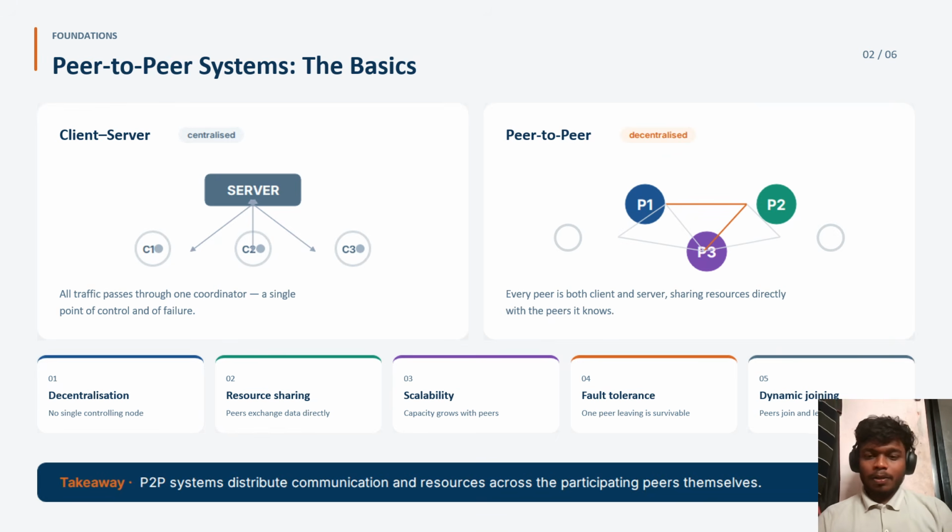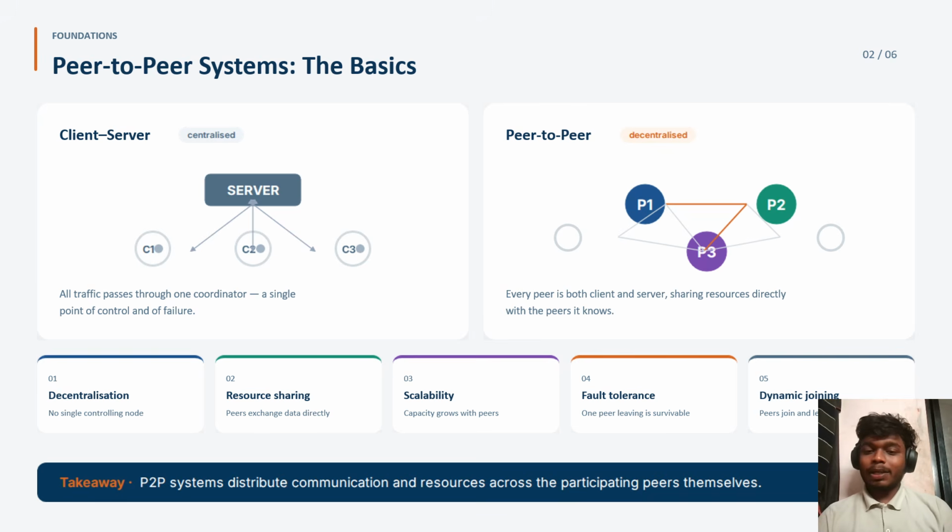First, peer-to-peer systems, the basics. Before we get to the clocks, let's briefly define our environment. Unlike the traditional client-server model, where all the traffic routes through one central coordinator, a peer-to-peer (P2P) system is fully decentralized. Every peer on the network acts as both client and server, sharing resources directly with others.